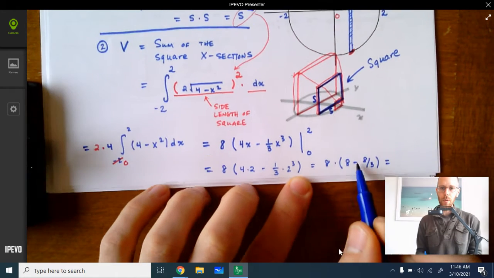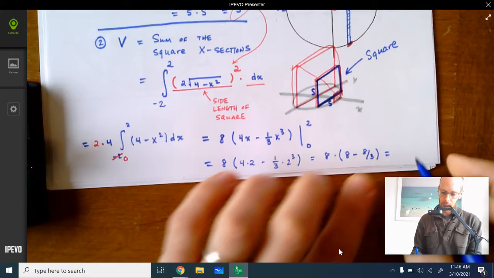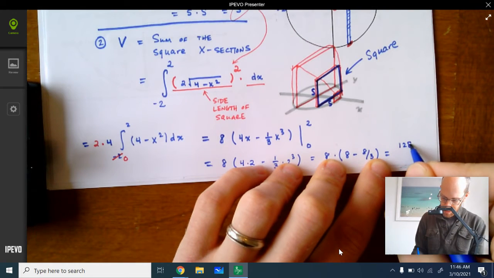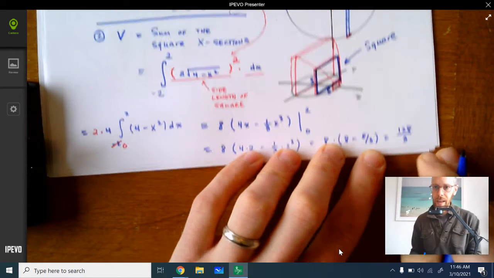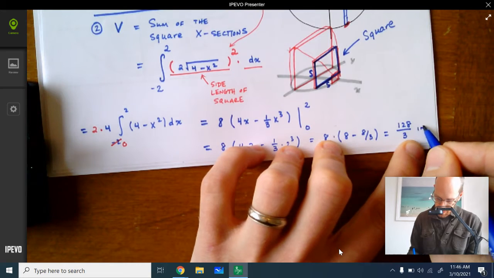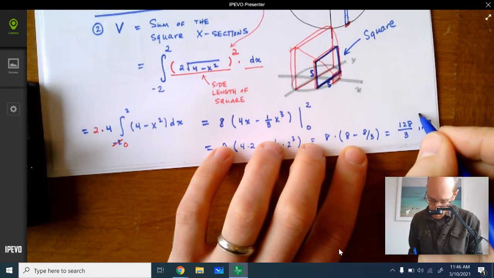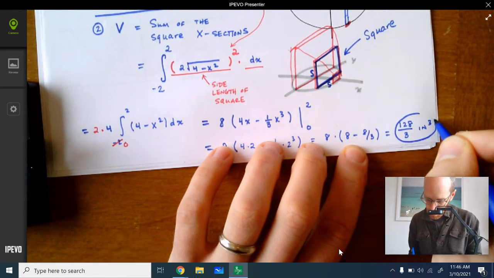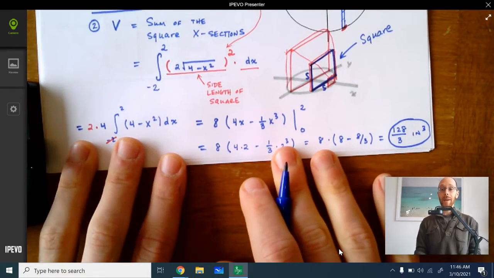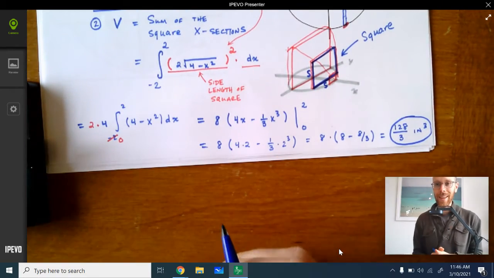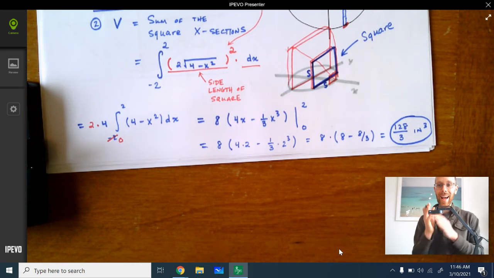So that's going to be 2/3 of 8 times 8, which is 128 over 3. Let's say it's in cubic inches. So that's how much material you're going to need to make the paperweight. Notice what's missing here is that we do not have a pi.